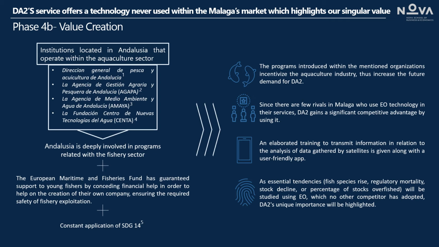Moreover, the European Maritime and Fisheries Fund has guaranteed support to young fishers by considering financial help in order to help them to create their own company and to ensure the required safety of fishery exploitation. All these programs introduced within the mentioned organization incentivize the aquaculture industry and thus increase the future demand for DA2.